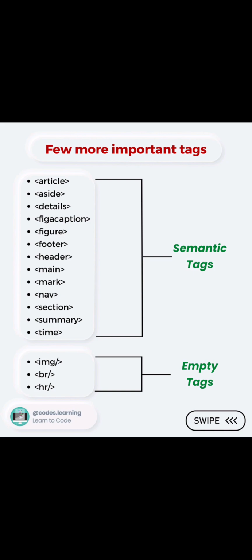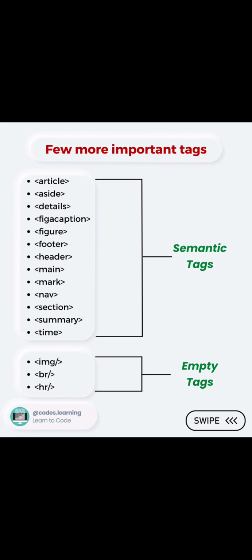Empty tag is called that because there is no closing tag, only a starting tag is there. So with the starting tag you can use a backslash. So in the br tag or hr tag there is no closing tag. The image tag also has no closing tag.